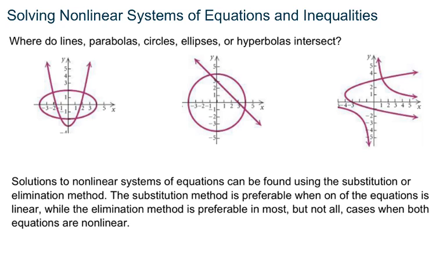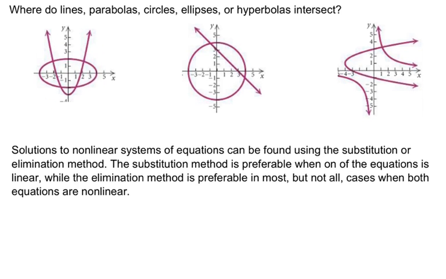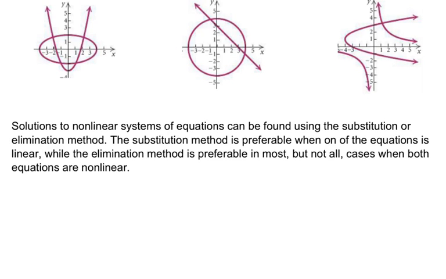Now, there is one situation that I want to talk about. So here we have an ellipse, it appears, intersecting with a parabola. Now, how many possible solutions will I be able to find here? Well, you can clearly see there are 4 possible solutions. And that would be the max number of real solutions.